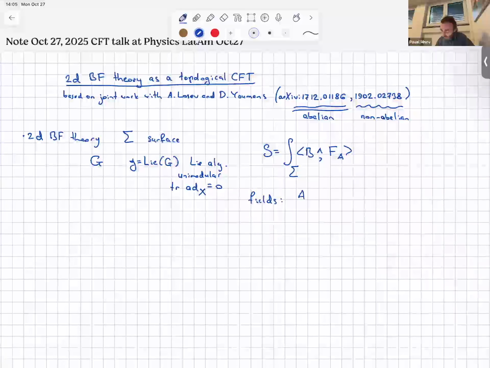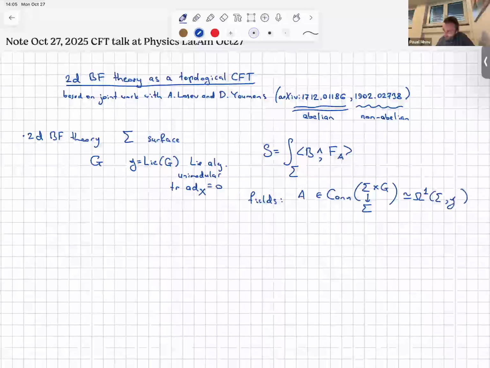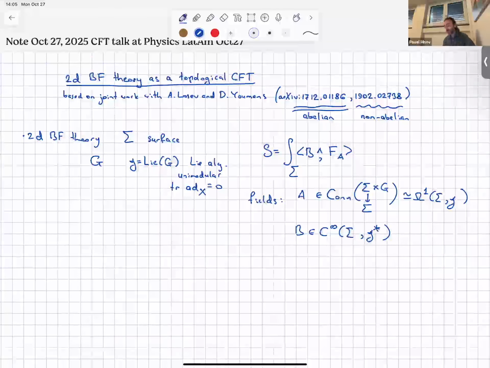A is a connection in a trivial principal bundle over sigma. In other words, I can identify connections in the trivial bundle with global one forms on the surface with coefficients in the Lie algebra. So that's the first field, A, a connection one form, and B is just a function on the surface with coefficients in the dual of the Lie algebra.